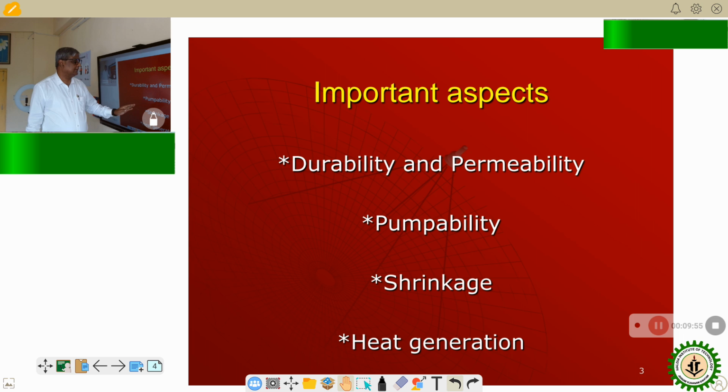So pumpability means that when you are pumping concrete from the ground level to the top level, what are you pumping really? You are pumping stone chips, sand, cement, water, chemical mixtures, or some other particles you have added, say silica fumes or GGBS, whatever it is. All these things you are pumping together to the top.